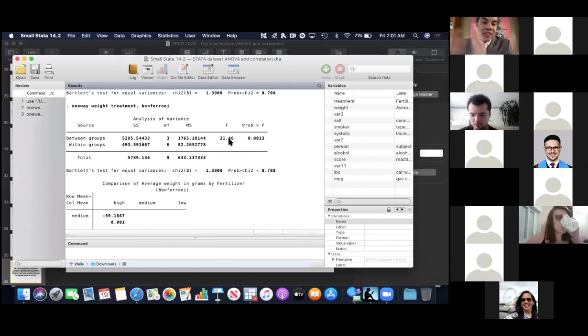If your F statistic is bigger than your critical value, then you will have a p-value less than 0.05. But here STATA gives you the exact p-value, which is 0.0013. So this is the most important part of your ANOVA table. Okay? Thank you so much. So here with the p-value, you know that you got one or more groups different from the others.